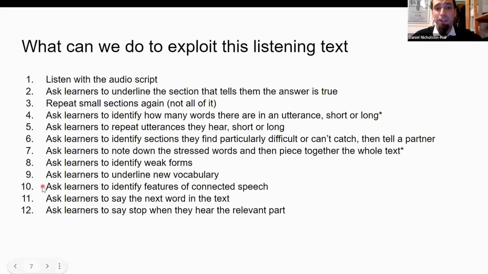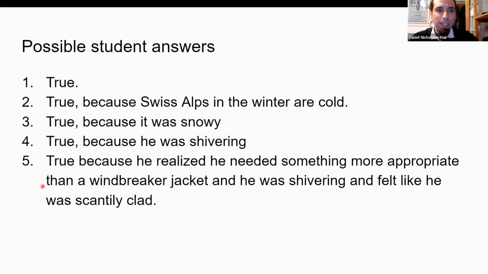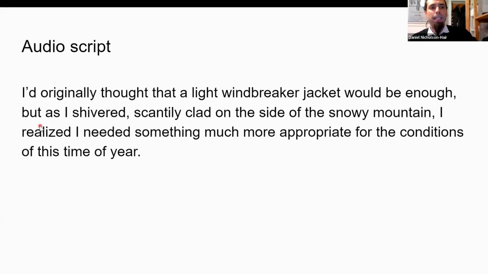Number 10: ask learners to identify features of connected speech, again with or without the audio script. With is potentially easier; they can look at the letters and work it out. Here we have linking: I'd originally. When you're doing this kind of breakdown of the text, I think drilling pronunciation practice at any opportunity is useful.